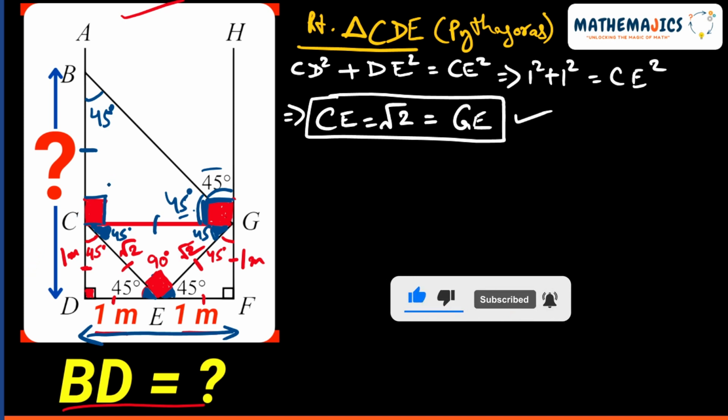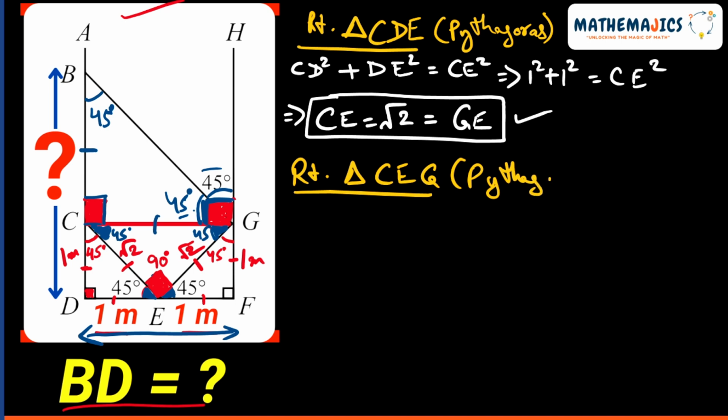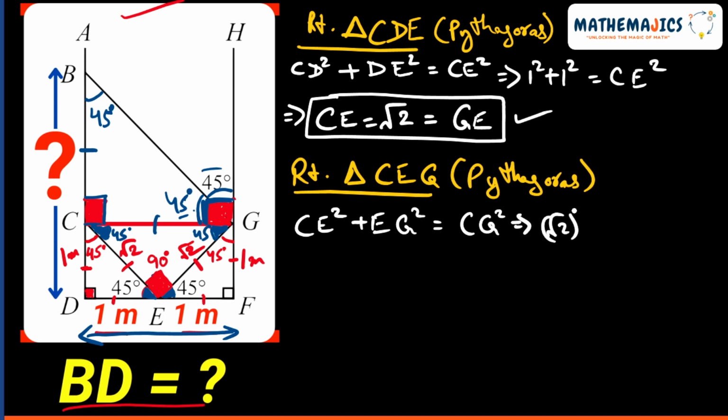So let's find CG. And how will we find CG? We will use right triangle CEG, and we will be applying Pythagoras theorem here. We will get CE square plus EG square is equal to CG square, which will give us root 2 square plus root 2 square is equal to CG square, right?